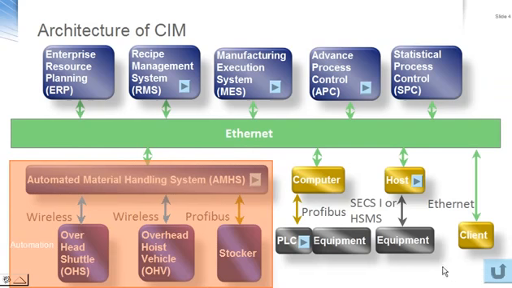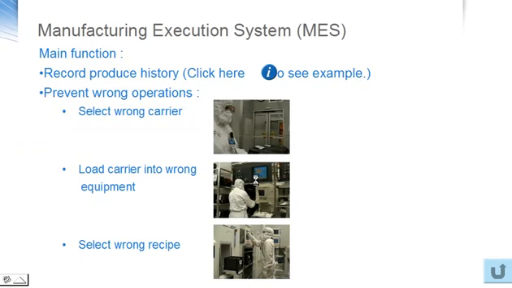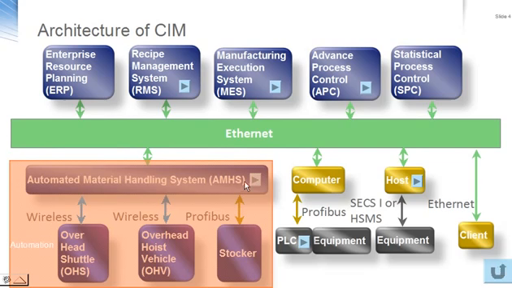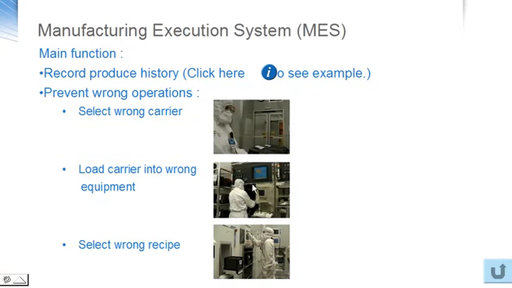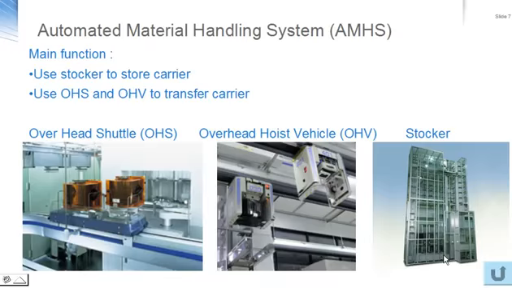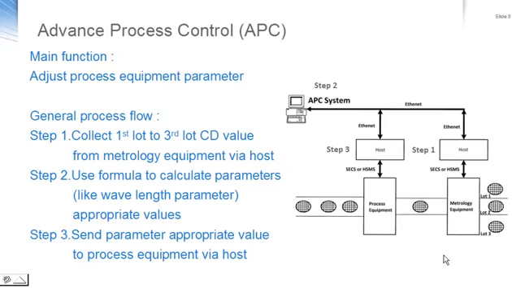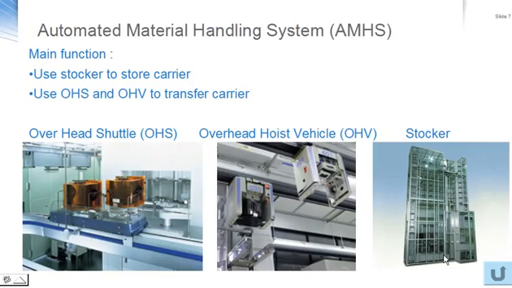And then we will introduce the automation parts. If your company is fully automated, you need an automated material handling system. Here we call it the material handling system. The main function is to use a stocker to store carriers.